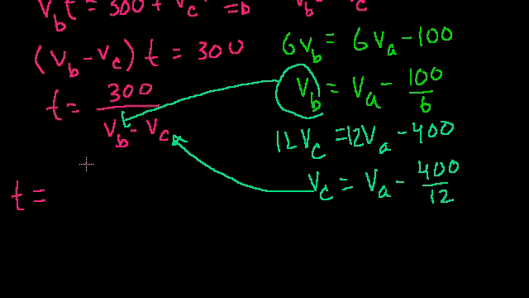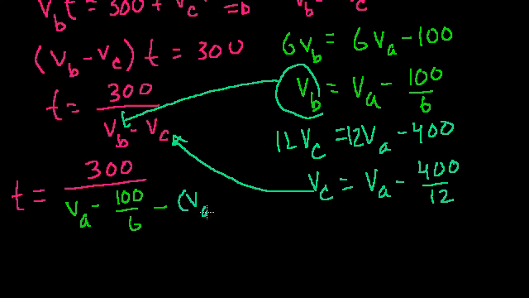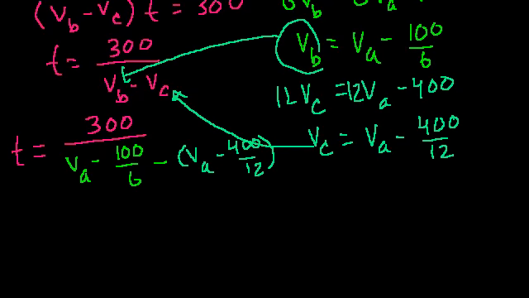It is equal to 300 over VB. Well, instead of VB, let's write this: VA, the velocity of Alice, minus 100 over 6, minus VC. So minus this right here, minus VA minus 400 over 12. This should simplify to T.